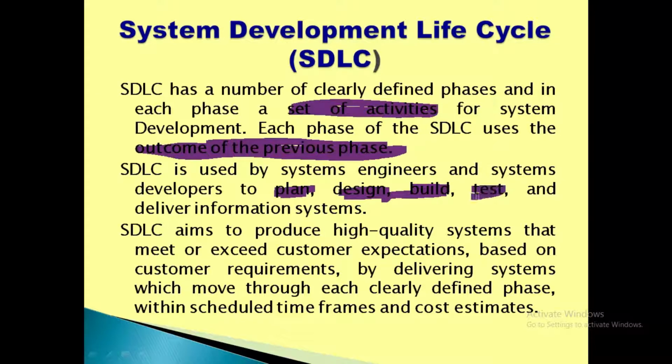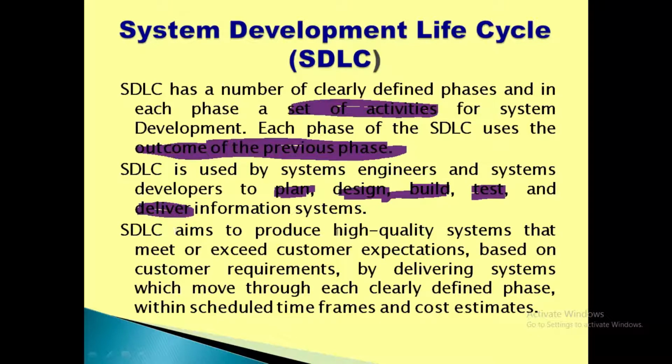So why we have SDLC? It is a planned system through which system engineers and system developers plan the information system, design the information system, build it, test it, and then deliver it for being used by the different levels of management as well as by the end users.